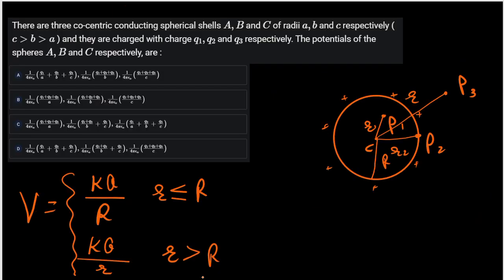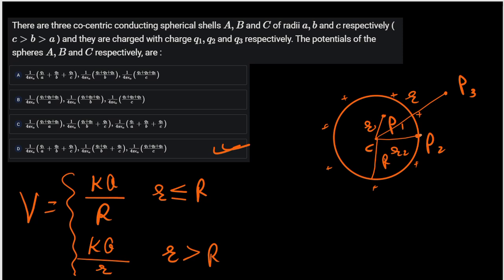Option D: 1 by 4 pi epsilon naught times Q1 by A plus Q2 by B plus Q3 by C, for B it is Q1 plus Q2 by B plus Q3 by C, and for C Q1 plus Q2 plus Q3 by C, all multiplied by 1 by 4 pi epsilon naught.